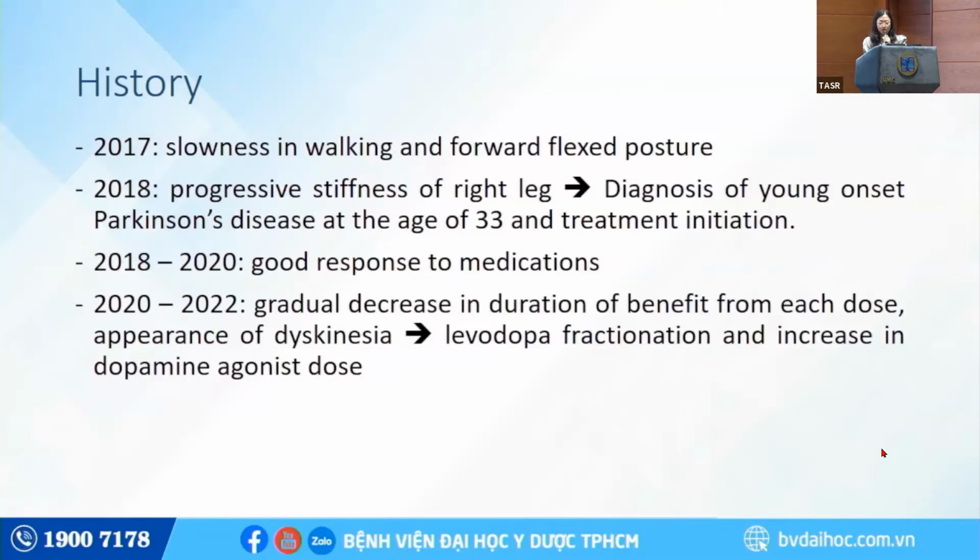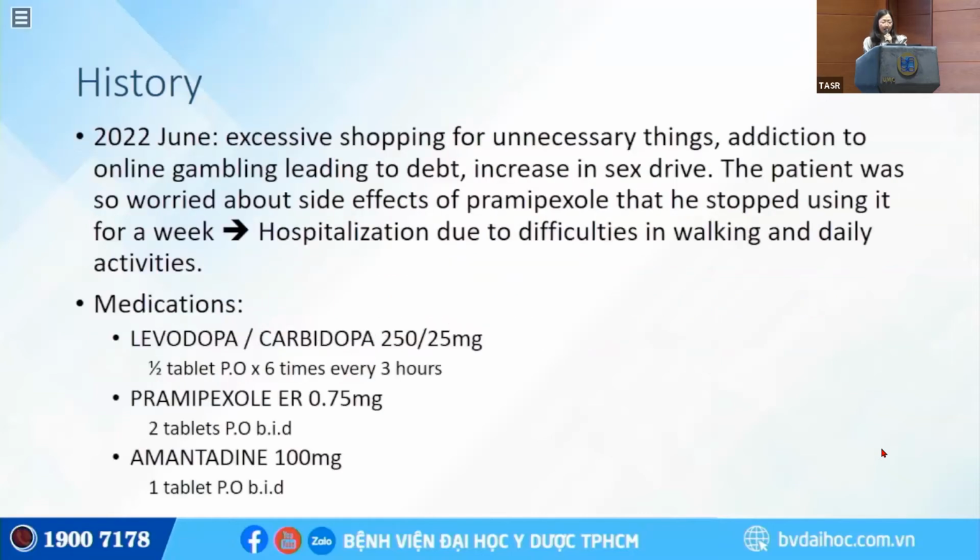To control the motor complications, medication adjustment, including levodopa fractionation and increase in dopamine agonist dose, was made. In the beginning of this year, he came back to our clinic, and his caregiver told us about his strange behavior.